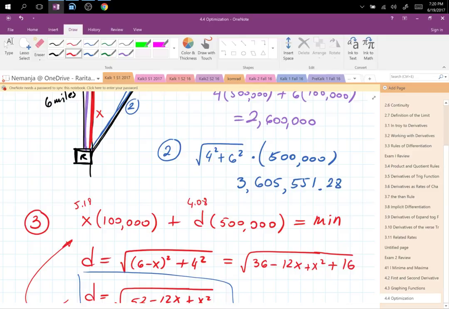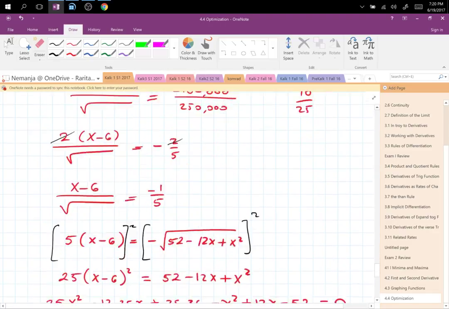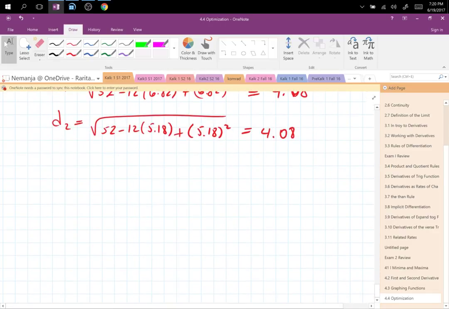I was rushing a little bit, so I'm hoping that all of this was right. I get $2.5 million. So with these values the cost would be equal to 2,558,000.